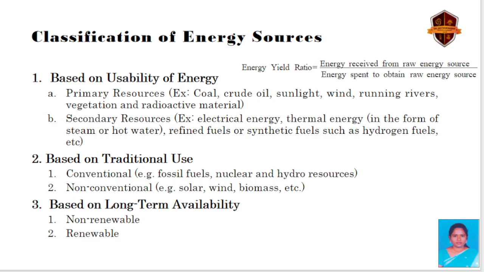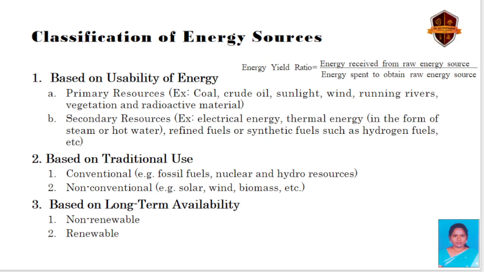These are gaining importance due to environmental concerns. Conventional energy sources dominated power generation for many decades. However, their environmental impact forced us to explore non-conventional sources. Non-conventional does not mean unreliable. It means newer and cleaner technologies.